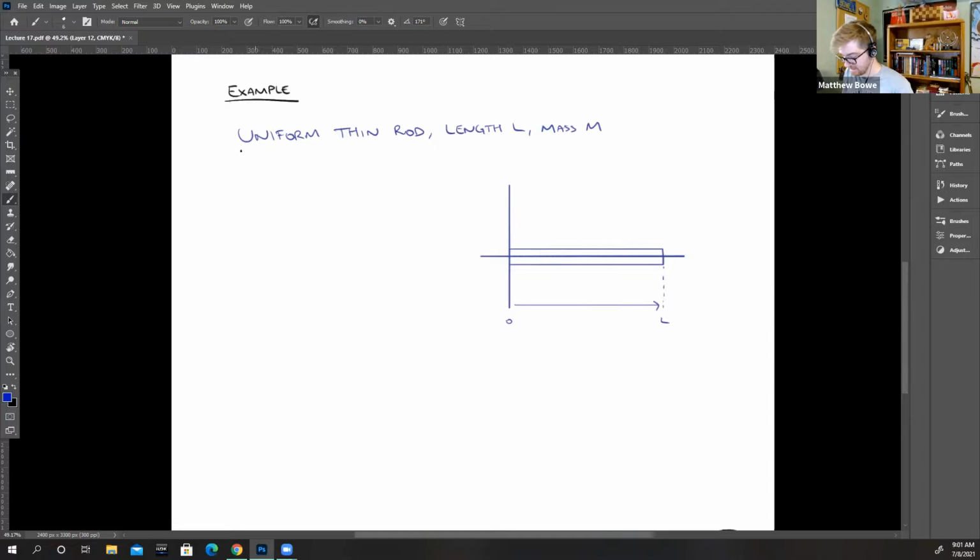Since I say this thing is uniform density, things with uniform density typically have the center of mass in the center of the object. So the center of mass is right here. Let's mark that out with a large dotted line.